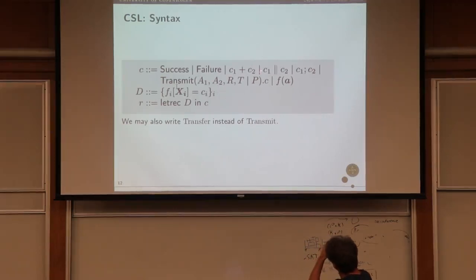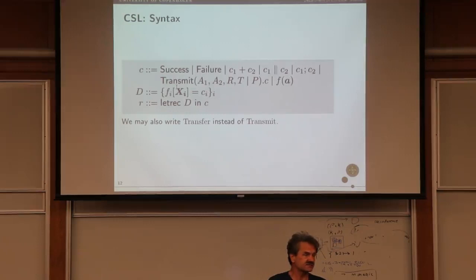So C1 parallel with C2 basically means that we are looking for an event sequence that consists of events, a subsequence that satisfies C1, and another subsequence that satisfies C2, which are then interleaved together. So the events are spread out, you could say, onto satisfying C1 and C2. So popularly speaking, both C1 and C2 have to be satisfied, okay?